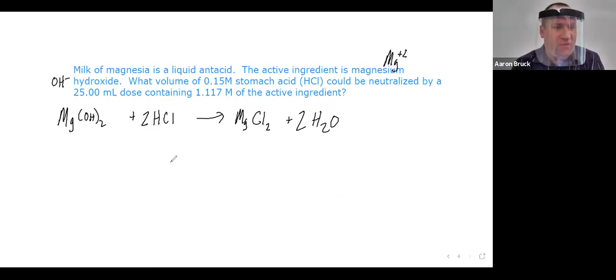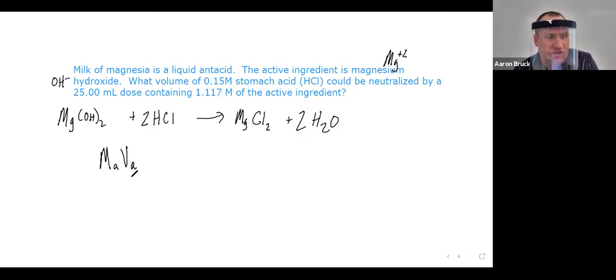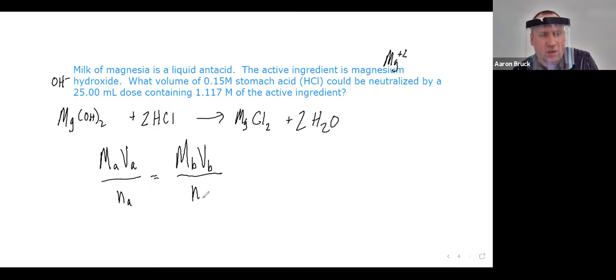Now that we have it, remember our titration equation. Molarity times volume for the acid over the acid's coefficient is equal to molarity times volume for the base over the base's coefficient. Subbing in what I know, the molarity of the acid is 0.15 molar.